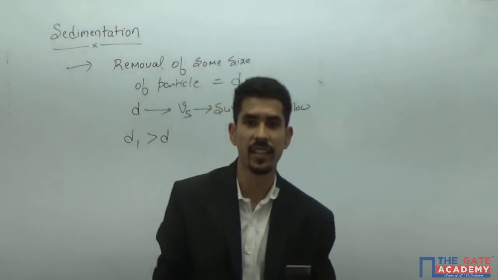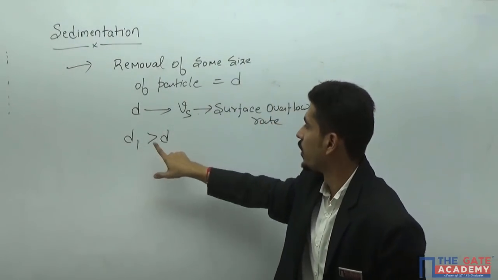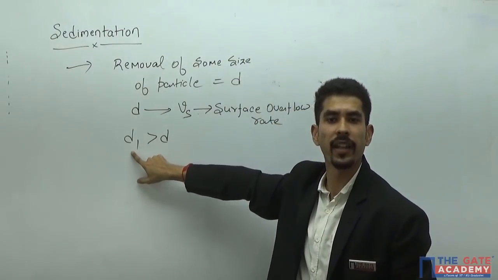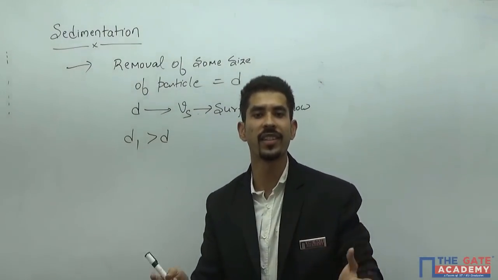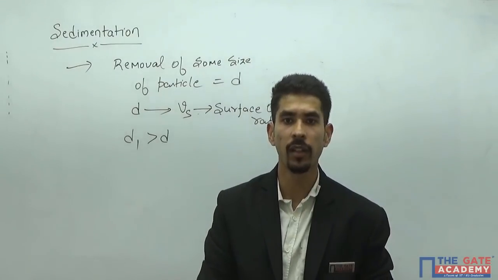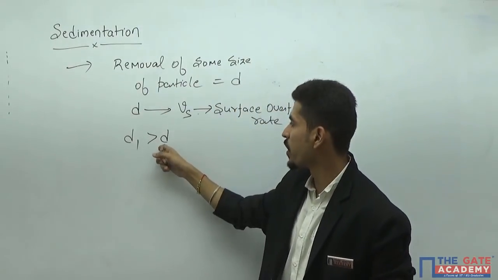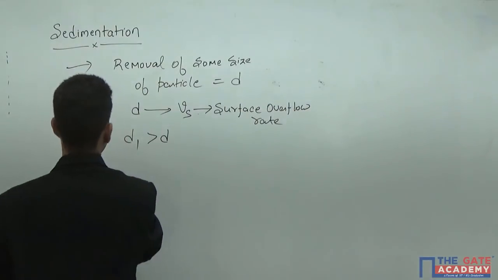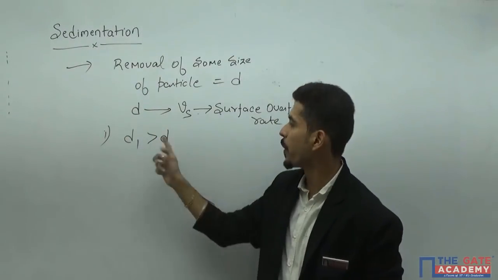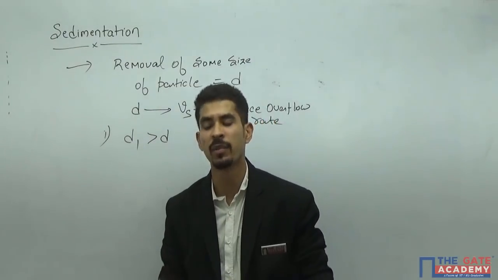Yes, quite possible. There are various different sizes of particles present in water. So we are removing this minimum size D. And the first case is where my particle size is bigger than the minimum size.